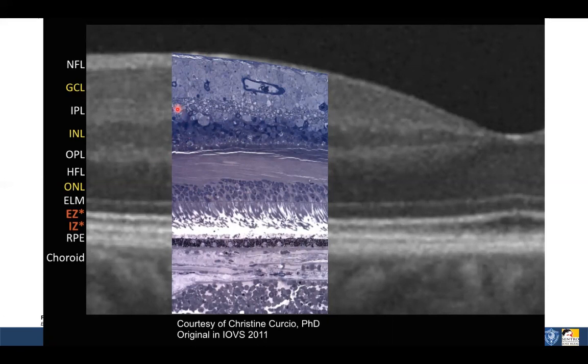Then the inner plexiform layer, then your ganglion cell layer, and finally your nerve fiber layer. So this would encapsulate how beautiful OCT is in looking at the histology, quote unquote, of the retina.